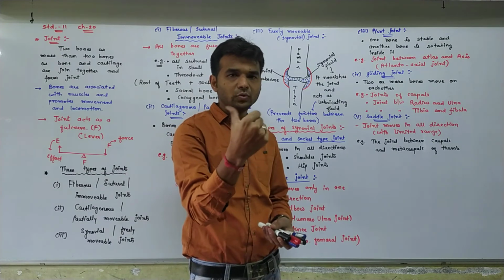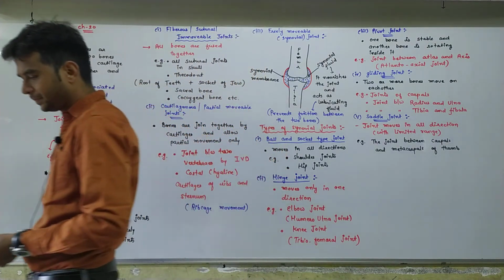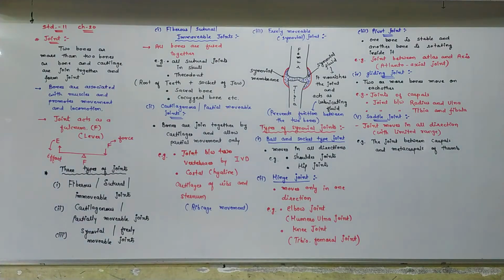The thumb is moved in all directions, but in a limited range. Okay, so this is about the types of joints. So I hope you understand this.